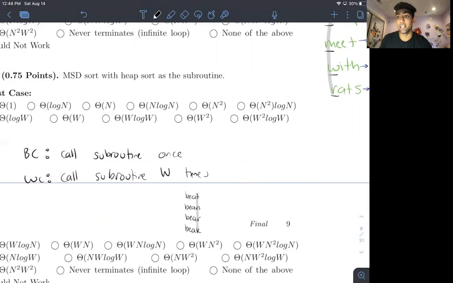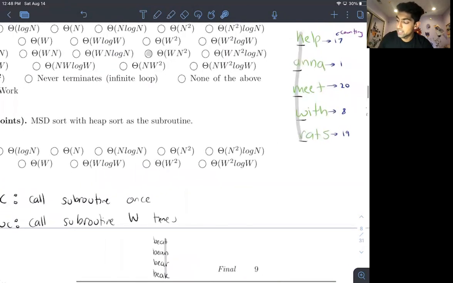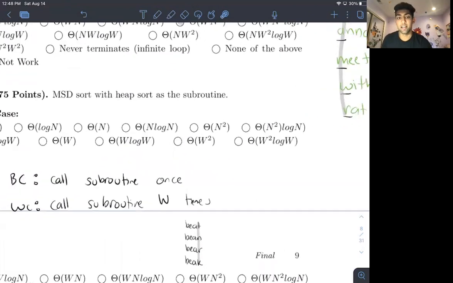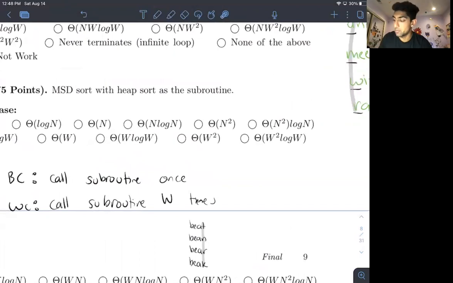Now, with this in mind, the next question is how long does heap sort take? In the best case, if we only call our subroutine once, it means that all the elements are distinct.